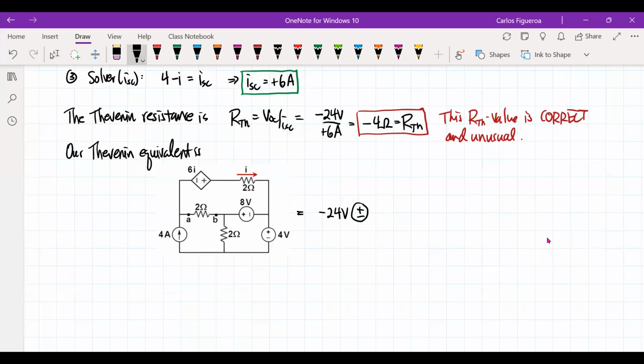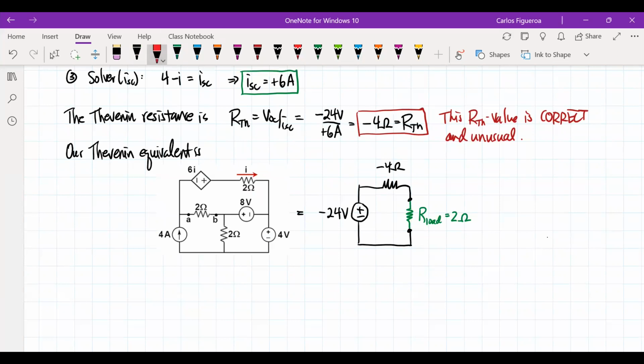I have my Thévenin resistance, which is minus 4 ohms. And then here is my load right here, and my load here is my 2 ohms.